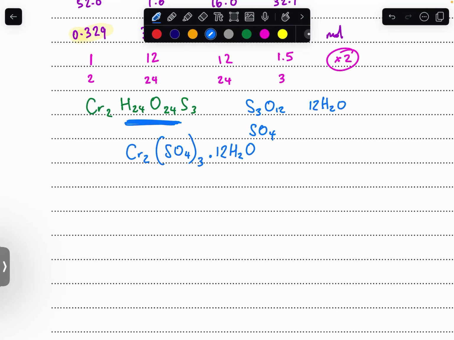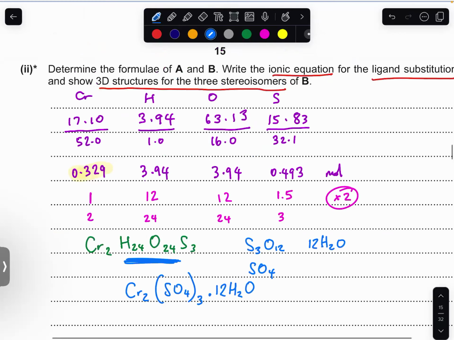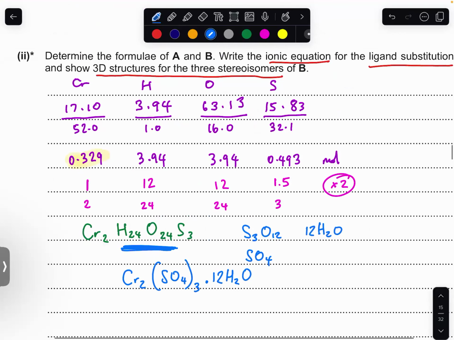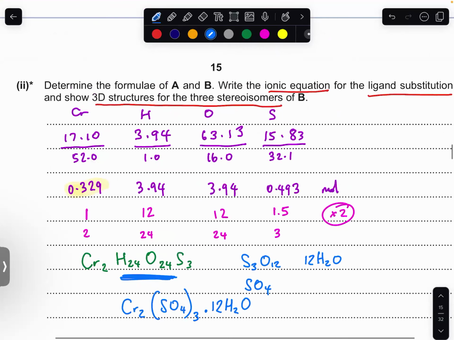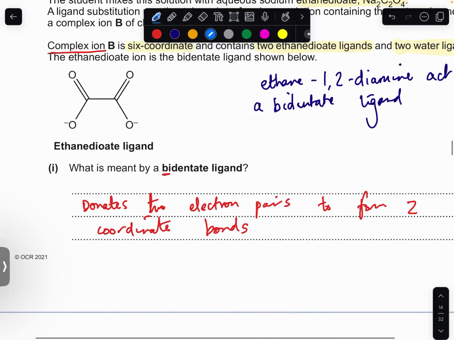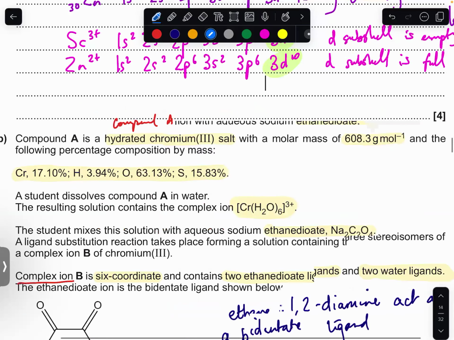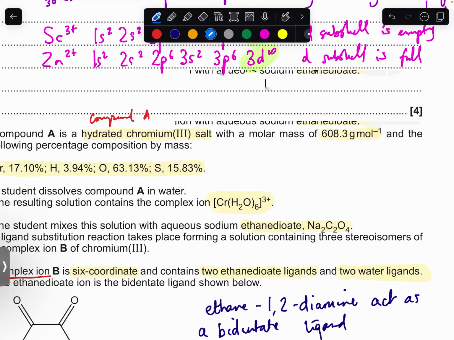Now, we've established the formula of compound A. It has a molar mass of 608.3. There doesn't seem to be any reason to use this number except to verify that we've got the right answer.